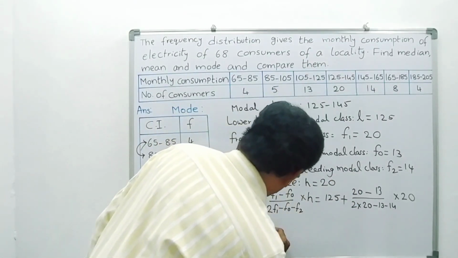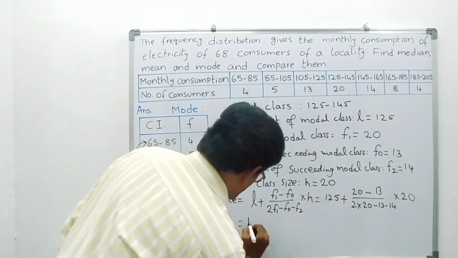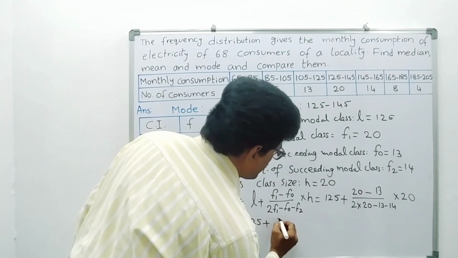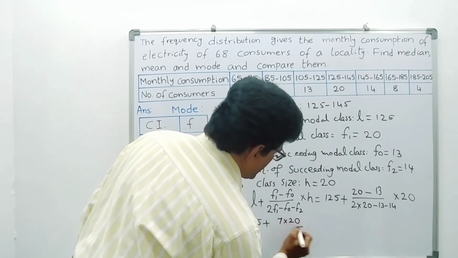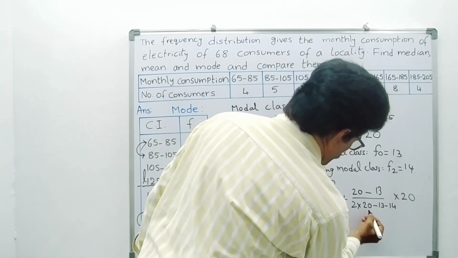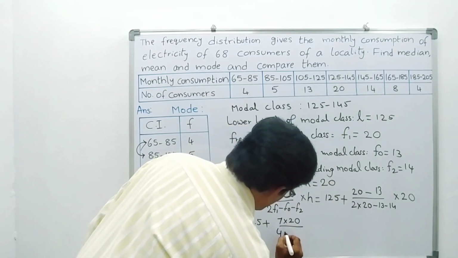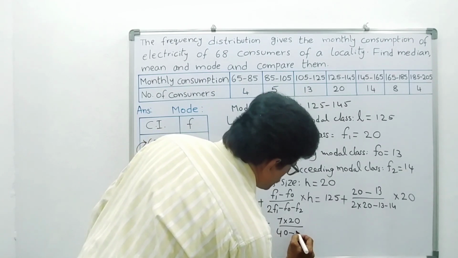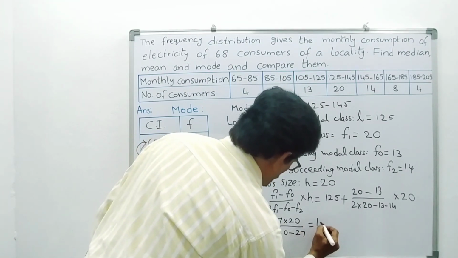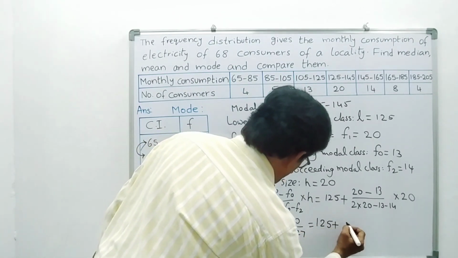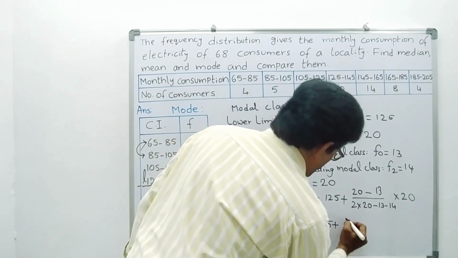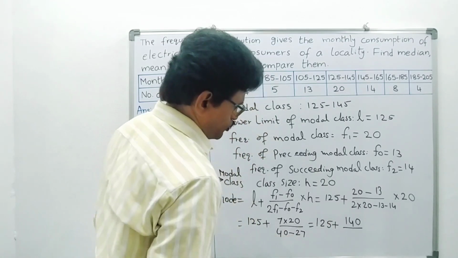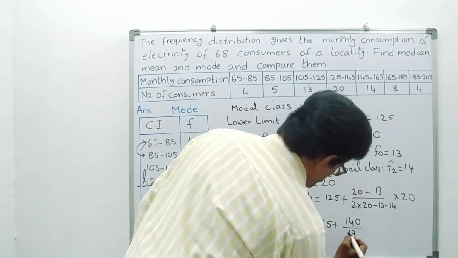Now simplify: 125 plus 20 minus 13 is 7, 7 into 20 in the numerator. Now 2 twenties are 40, 40 minus 13 minus 14 is 40 minus 27, that is 13. That equals 125 plus 20 into 7, which is 140, by 13.